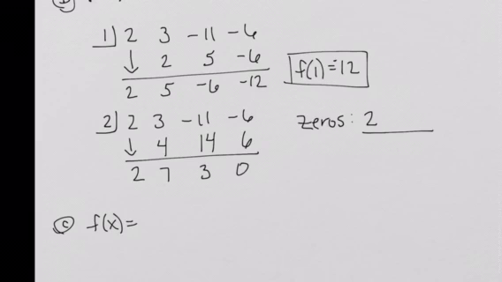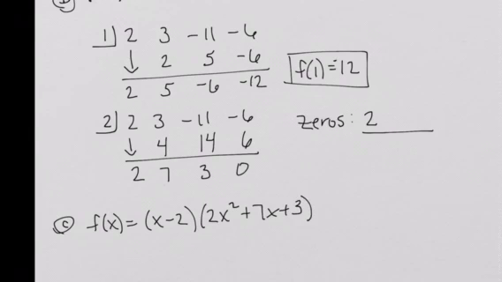Let's factor into linear factors, with our first factor being x minus 2. Since 2 was a 0, x minus 2 is a factor. Now we're left with 2x squared plus 7x plus 3. We will factor this out.